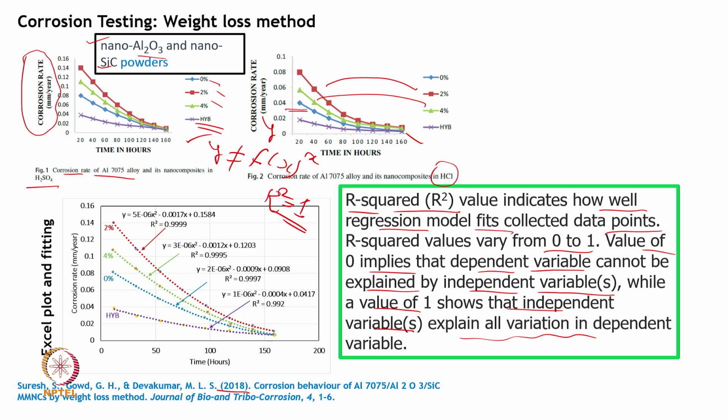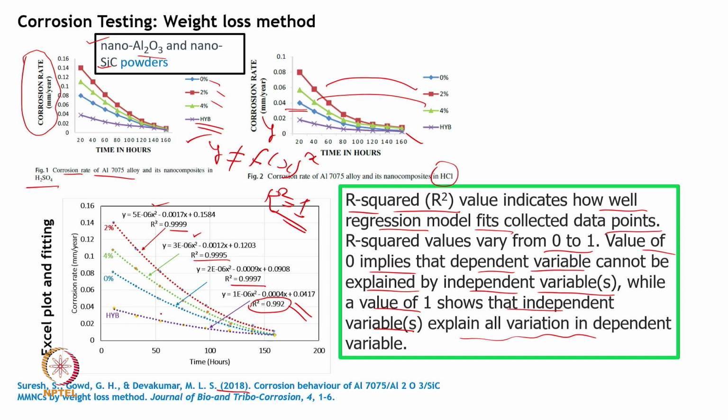Now here we have digitized it, and we found a polynomial curve, and this x square is clearly indicated, for 0%, 2%, 4% and the hybrid. In all the cases, you can see the R square value is 0.9 plus, 0.999, 0.9995, so it can be digitized.